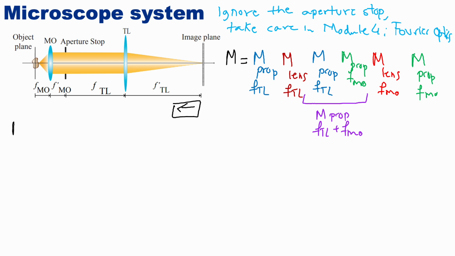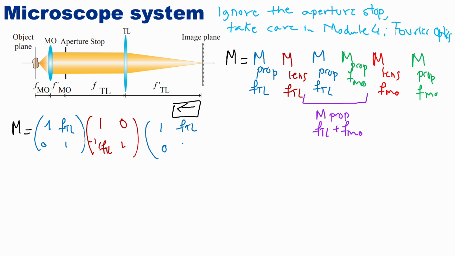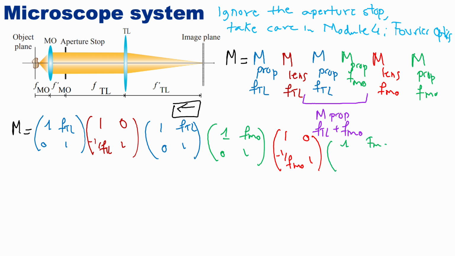So if we do this, we're going to have here 1, FTL, 0, 1, and we are considering converging lenses, then we have again the propagation, and then the propagation of the focal length of the objective lens, the objective lens, and then we finalize with the propagation to arrive at the object plane.